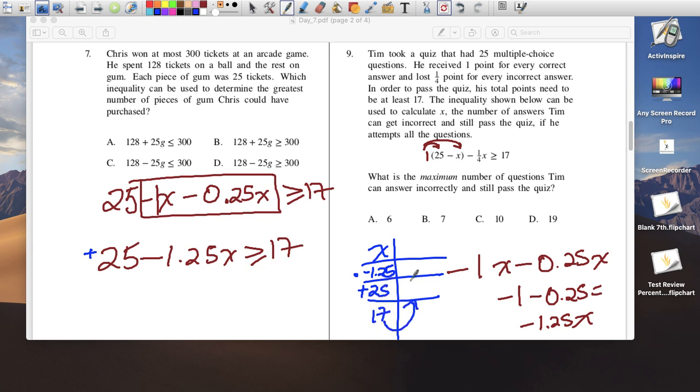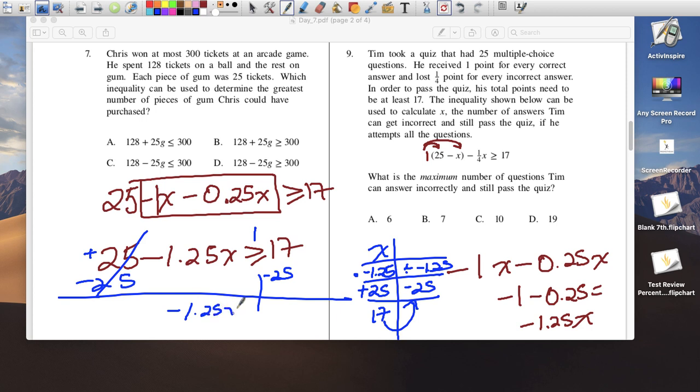Using inverse operations, the first thing we're going to do, since that's plus 25, is minus 25, and then divide by negative 1.25. So let's do minus 25 here, which means I have to do minus 25 on this side. These two become 0. Negative 1.25x comes down, greater than or equal, and 17 minus 25 is negative 8.